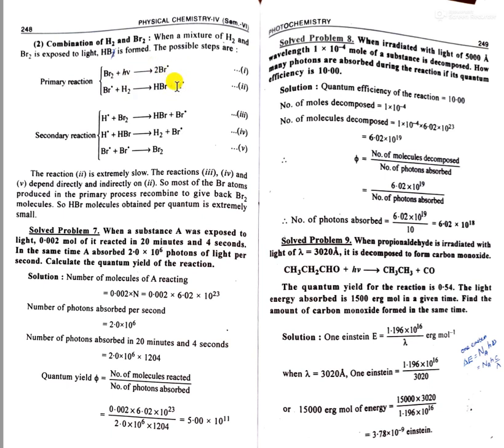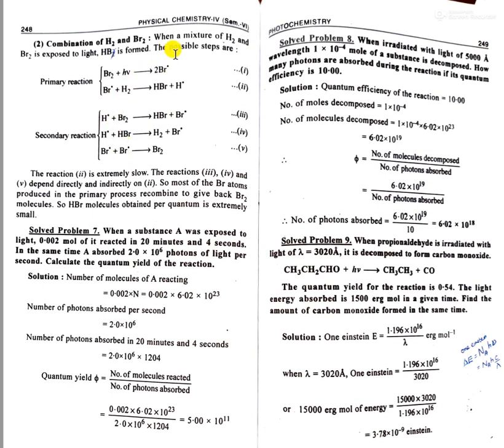In addition to that, an H dot is also formed. These two are the primary reaction processes, and step 2 is a very slow reaction. But in the secondary reactions, the products formed in the primary reactions again react with molecules like Br2 and HBr. These are the secondary reactions.